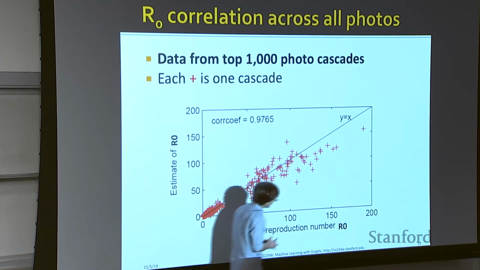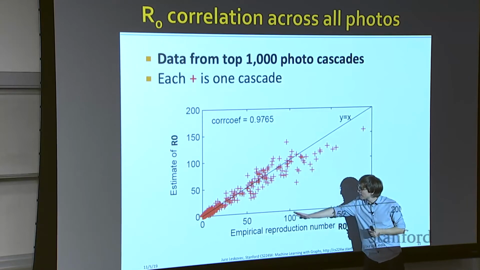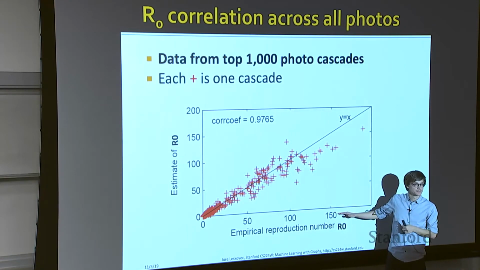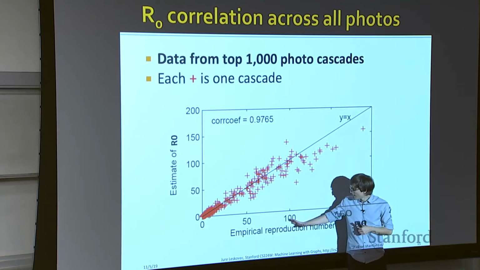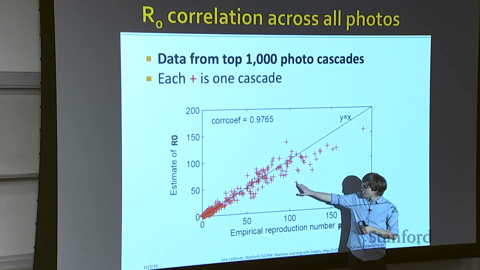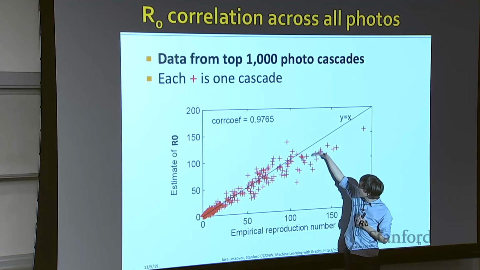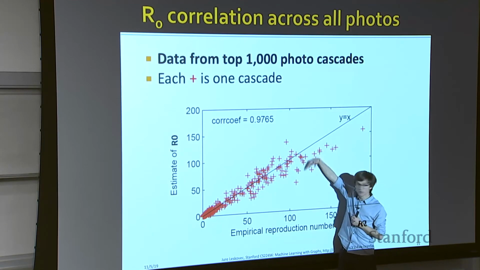And you see where this doesn't work well is really here, where these reproductive numbers are kind of crazy high. Where you could have a big celebrity who a lot of people like, and then from then on the thing does not spread too long, and basically it dies out. This is below the diagonal.